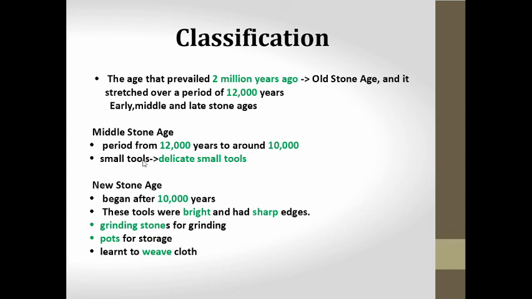Here small tools were used. They are also called microliths. These are delicate small tools. Then comes the New Stone Age, which began after 10,000 years. The important point is, in this age they had tools which were bright and had sharp edges.